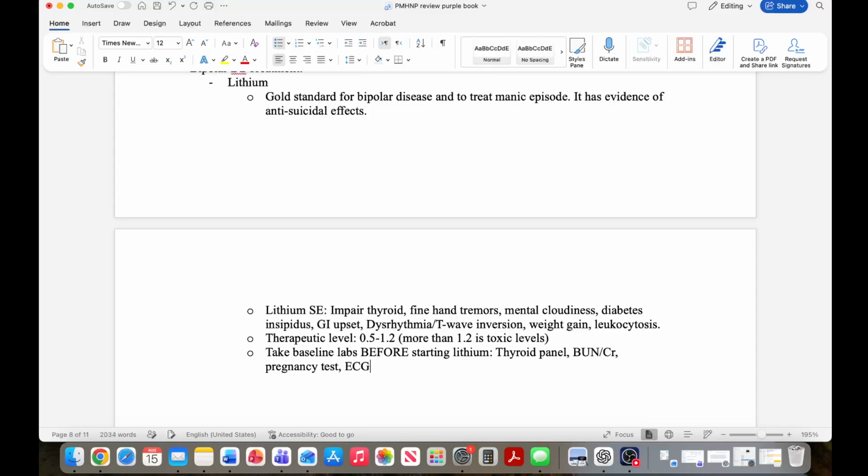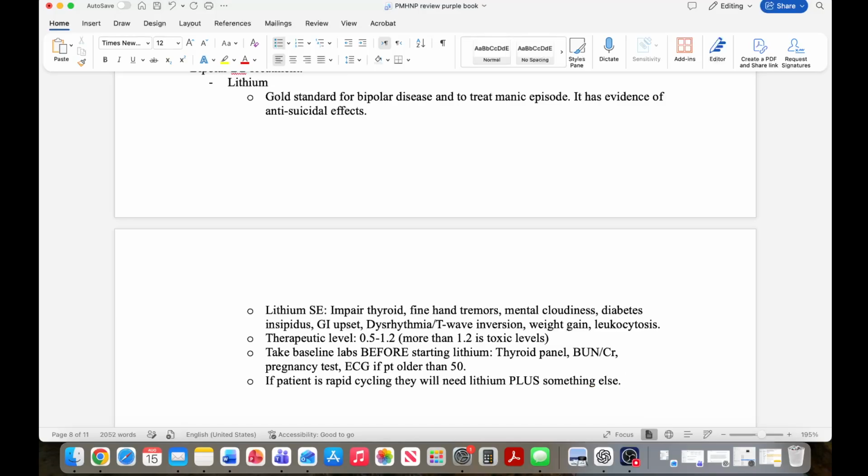An ECG if the patient is older than 50. Okay. If the patient is rapid cycling, they will need lithium plus something else. Not just lithium, okay?